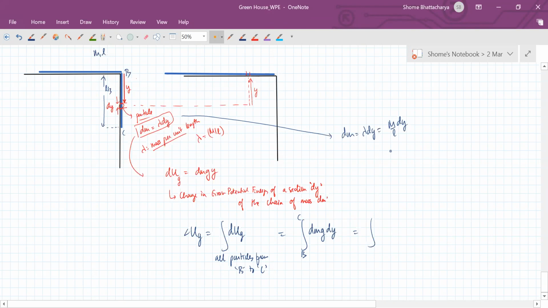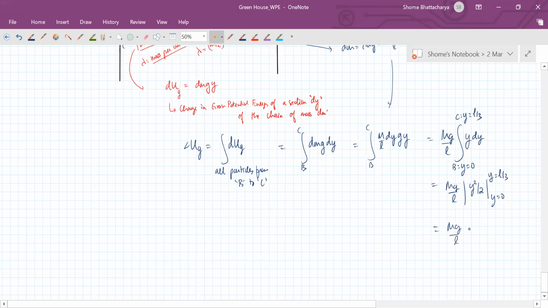So substitute that here. Take the constants outside, so mg by l comes outside, y dy. Now at the point B, y is 0, and at the point C, y is L by 3. So we'll get mg by L, y square by 2, with limits y equal to 0 to y equal to L by 3.